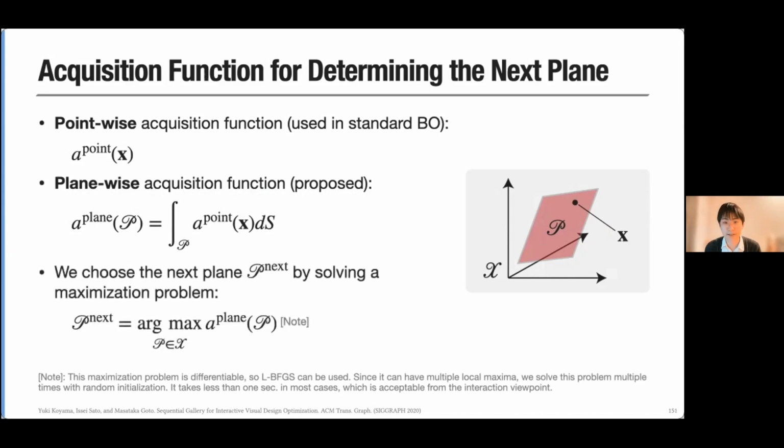And using this definition, now we can choose the next plane by solving this maximization problem. Note that this maximization is very easily solved by using standard gradient-based optimization techniques such as LBFGS.